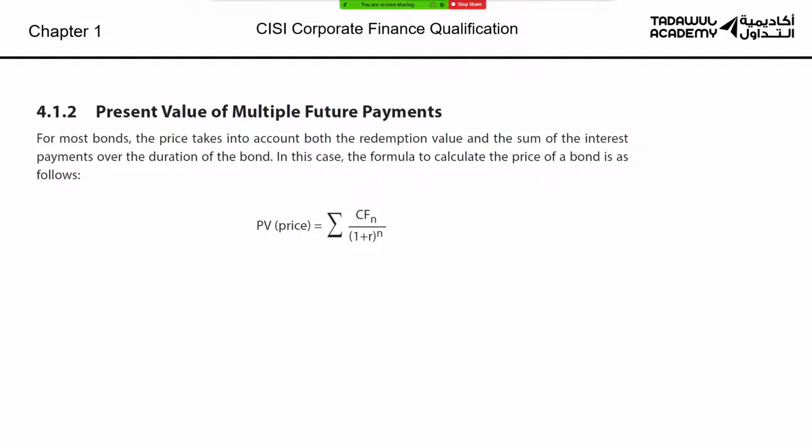Certain investments are gonna bring you multiple payments in the future, like bonds. They give you coupons every year, and then on redemption, you get on that year, you'll get the coupon and the nominal value, both of them.